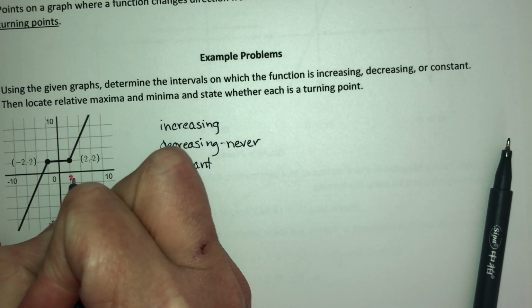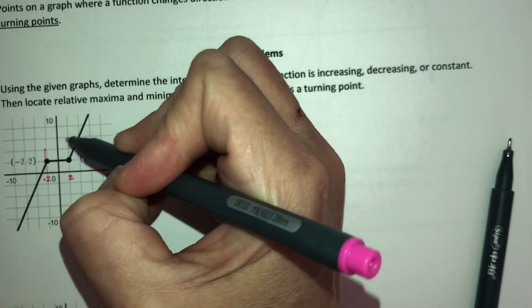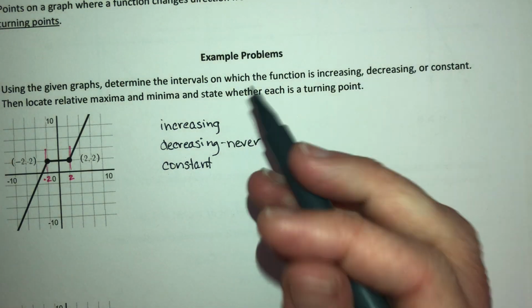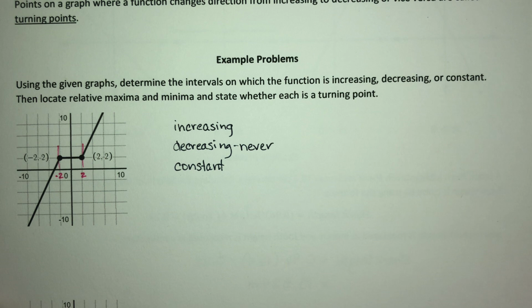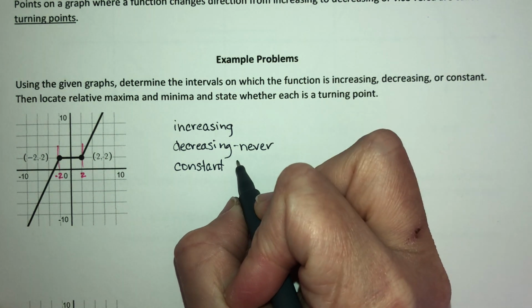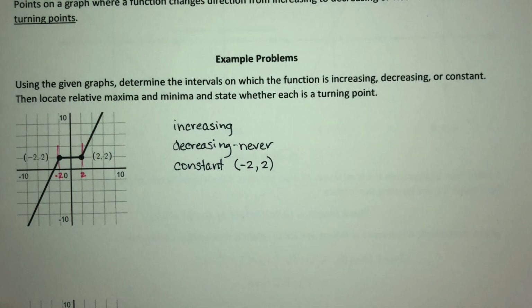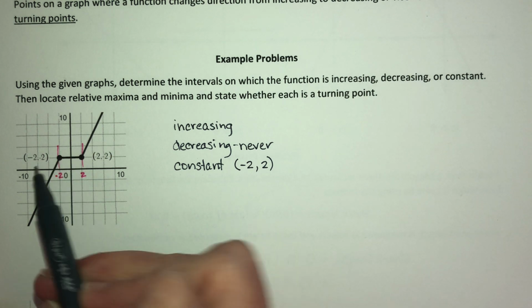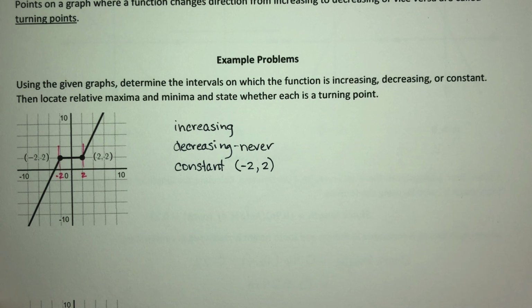So that is positive 2, and that's negative 2. And that is where my graph is located. So it is constant on the open interval. We do not include endpoints. It is constant on negative 2 to 2. Okay? Because at that point itself, you can't really say whether it's increasing or whether it's constant, because that's where things change. We don't include those endpoints.